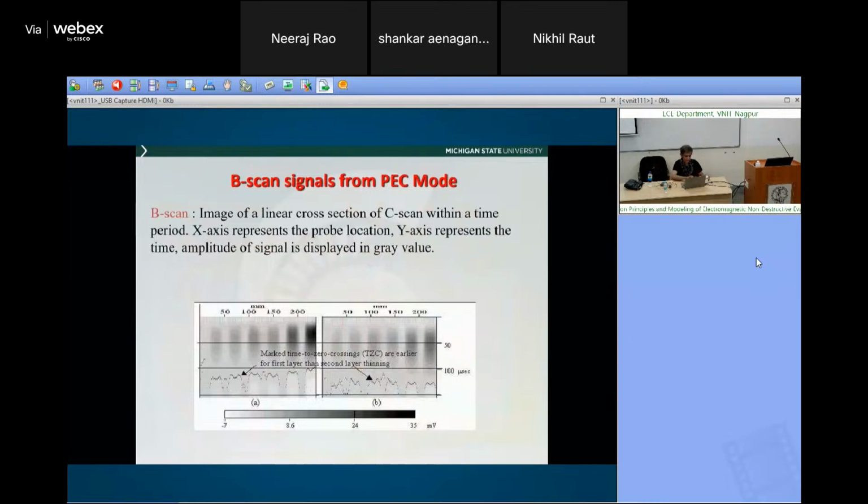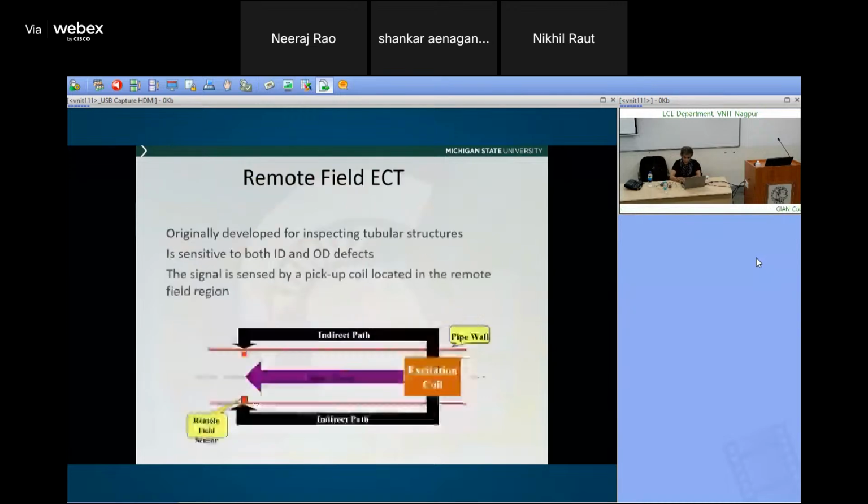The x-axis is the probe position, and at each point you have a different time domain signal, very much like a B-scan in ultrasound. At each point, you have a time signal that you collect all together. So that was pulsed eddy current.